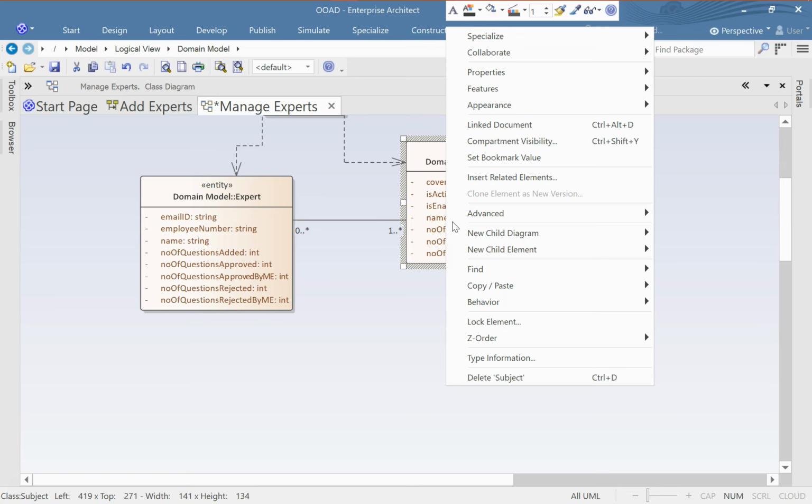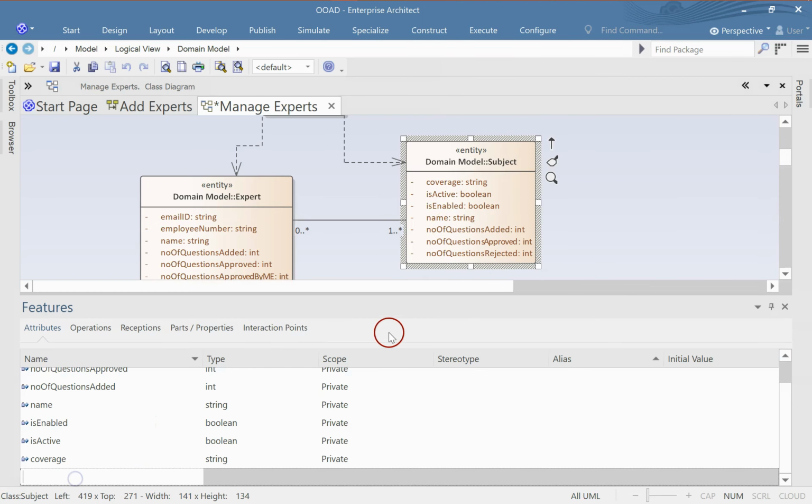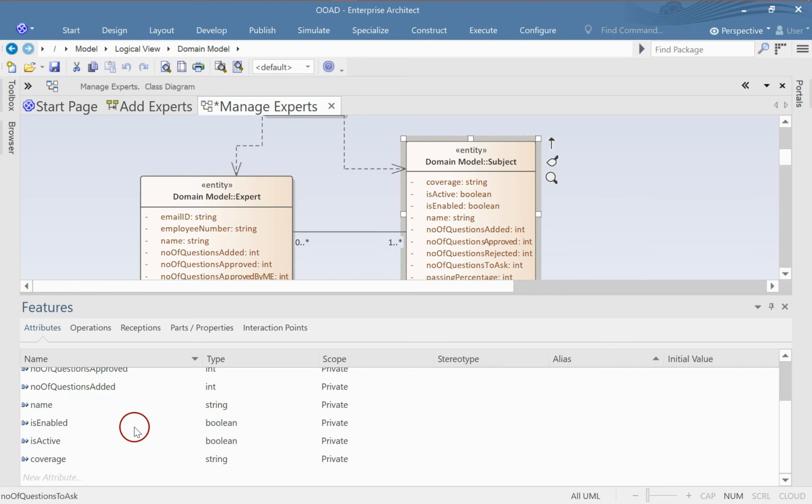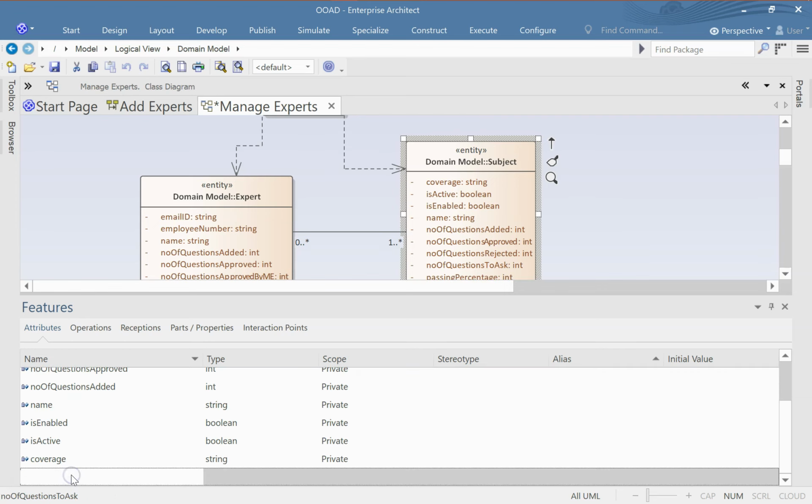For example, we know that for a subject, passing percentage, then during a test, the number of questions to ask. So number of questions to ask in a test. The timing in a test.